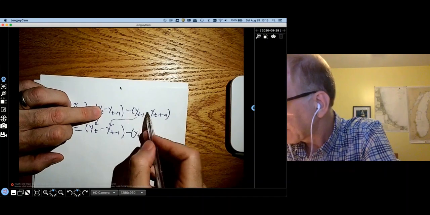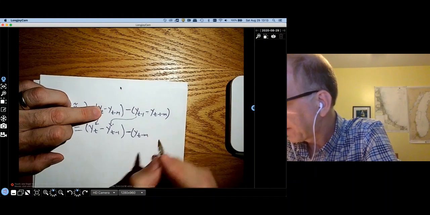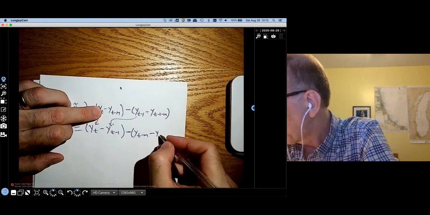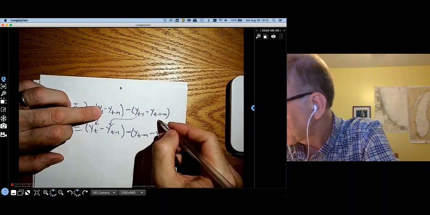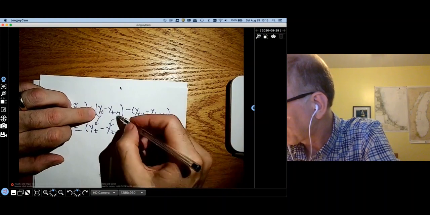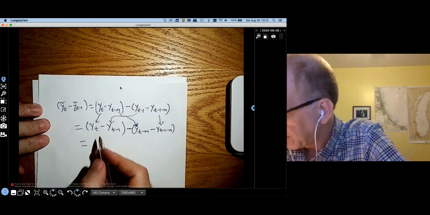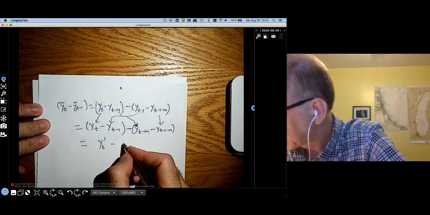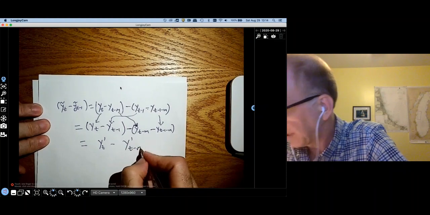And then you've got a negative and a negative, which becomes a positive. But there's a negative here, so three negatives make a negative. Y_(t minus 1 minus m). Let me just write where all this stuff is coming from. What we have here is just y prime t minus, well, what do we have here? This is y prime (t minus m).